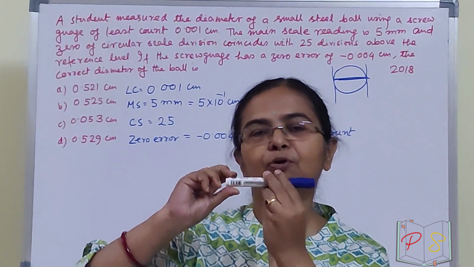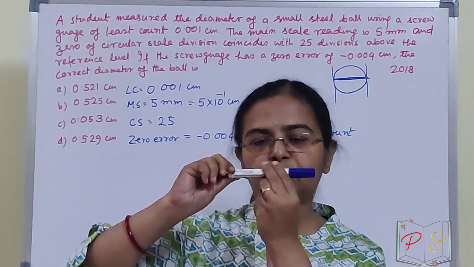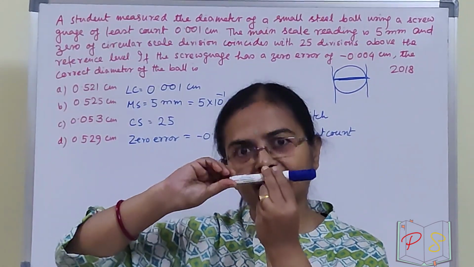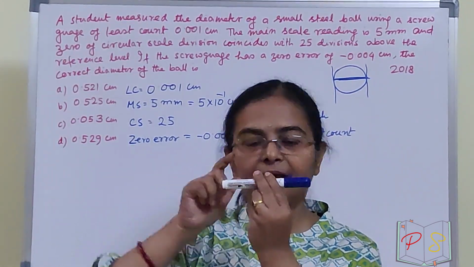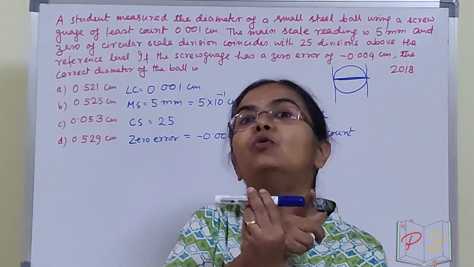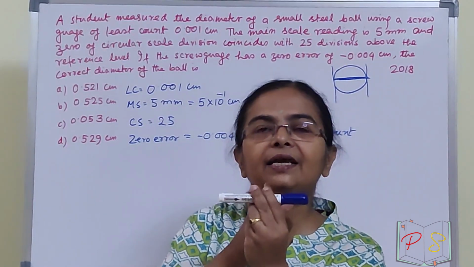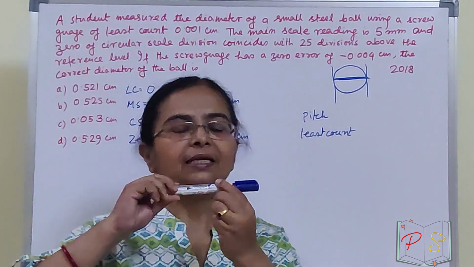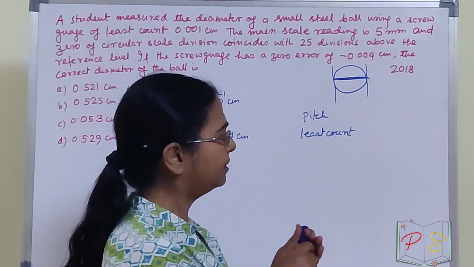Now, when I rotate the screw through 360 degree, meaning by the entire one rotation, the amount of linear movement of this screw is called pitch.